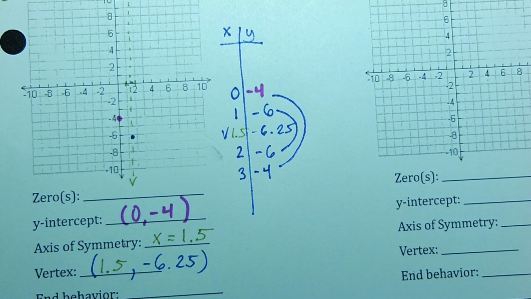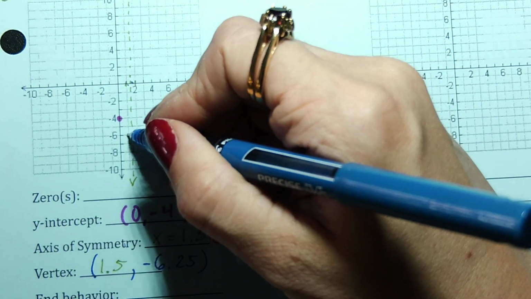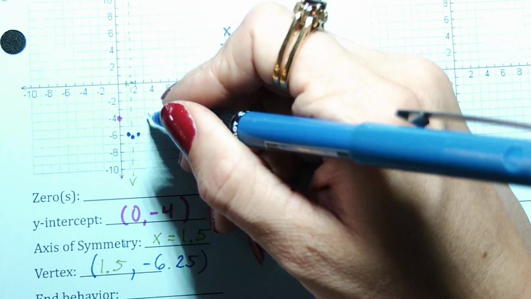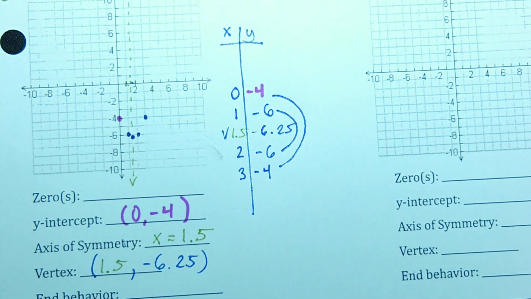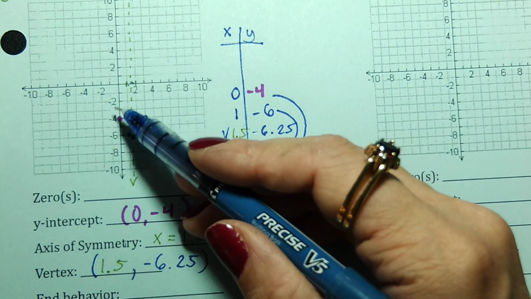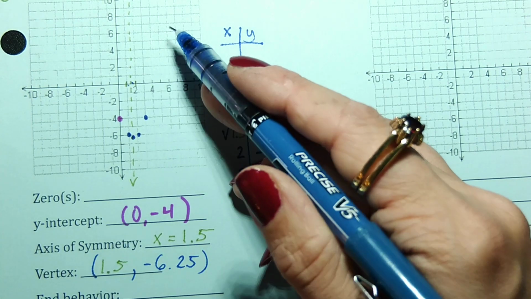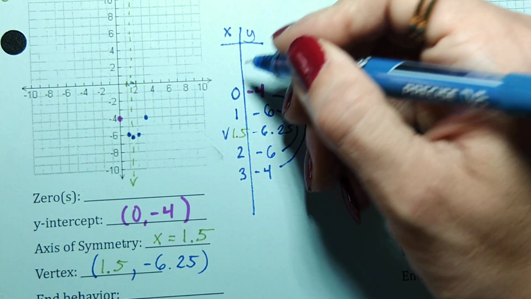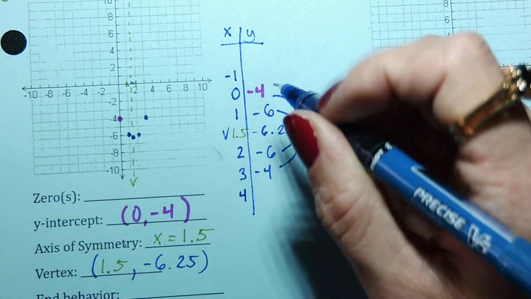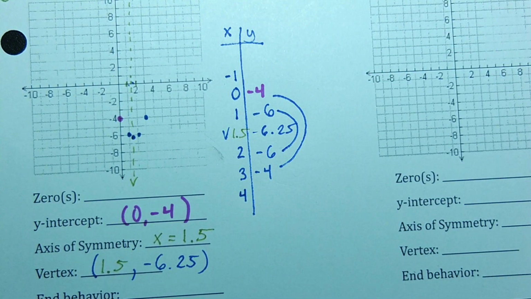So let's go ahead and plot those points and see where we're at with finding our zeros or our x-intercepts. Are we going to hit the x-axis? Yup. Have we hit the x-axis yet? No. So we see that we are going to curve up and hit that axis, but we need to go a little bit further down with our table, a little bit further up with the table.